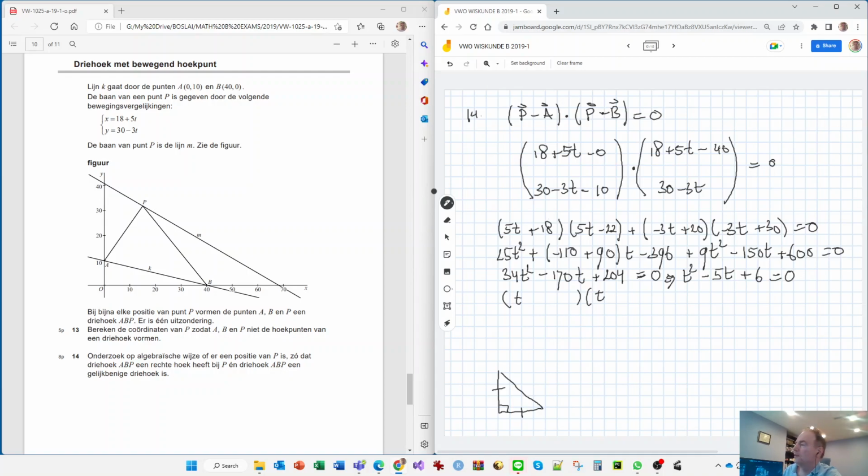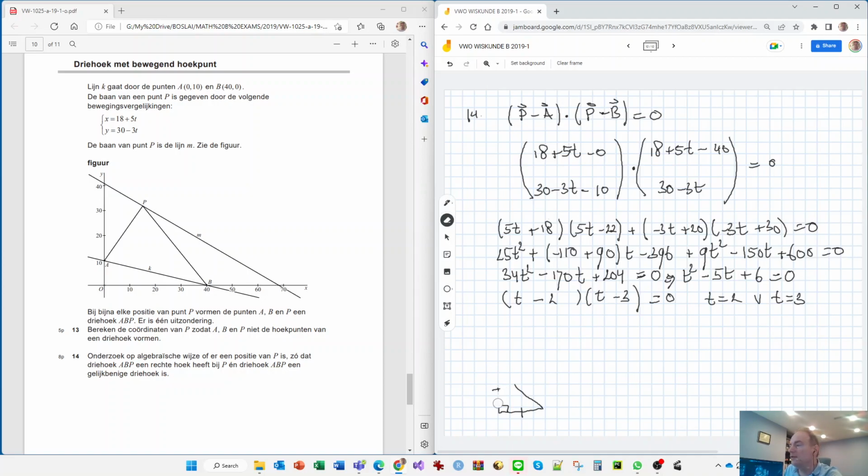Minus 1 and minus 6 doesn't work, minus 6 and minus 1 doesn't work. Okay, let's try 2 and 3. Yeah, t minus 2, t minus 3 is 0. So t is 2 or t is 3.